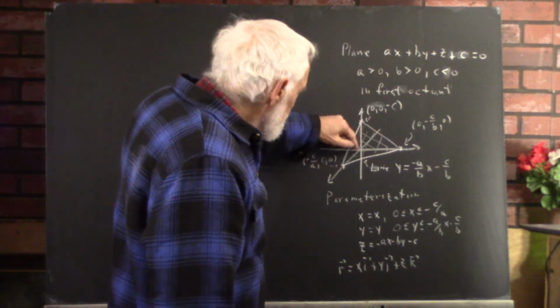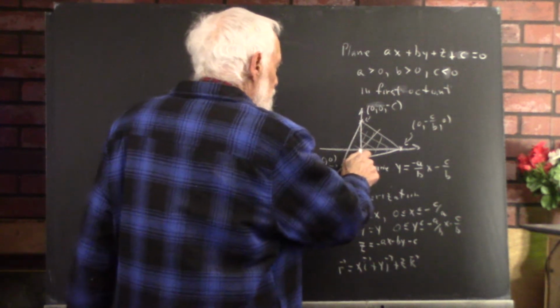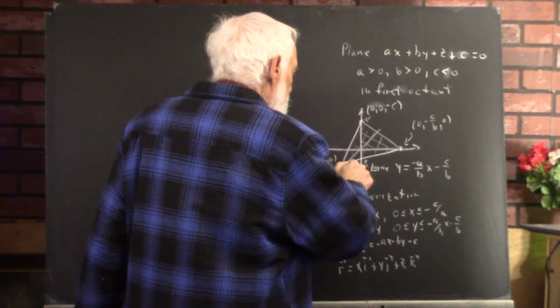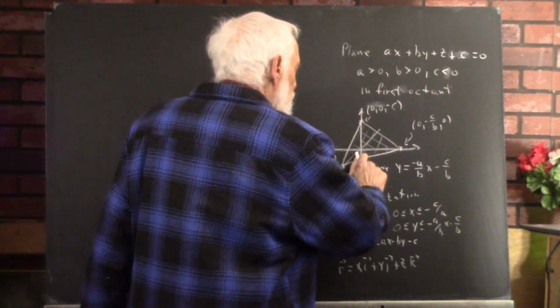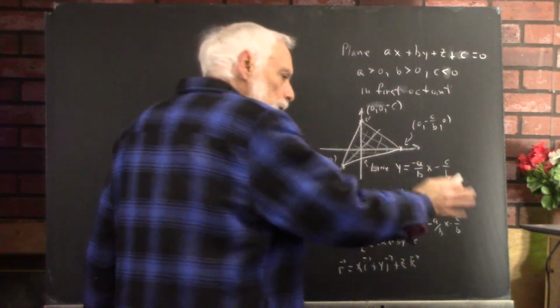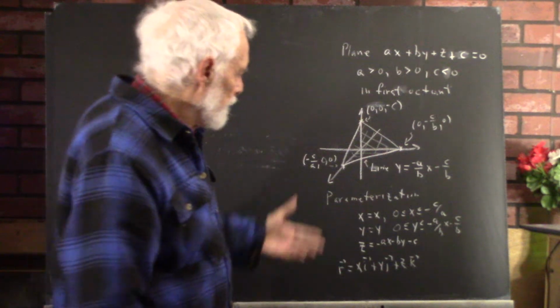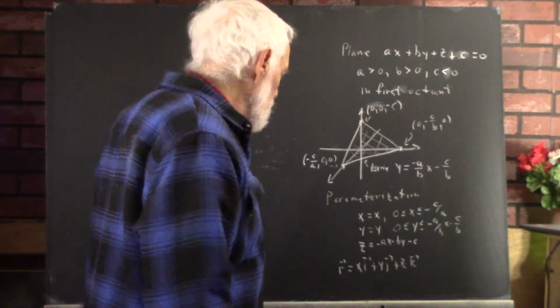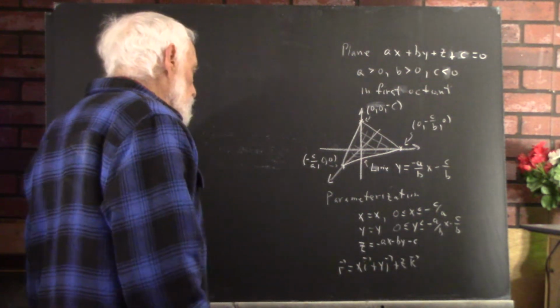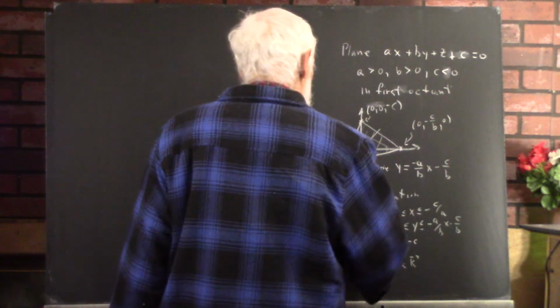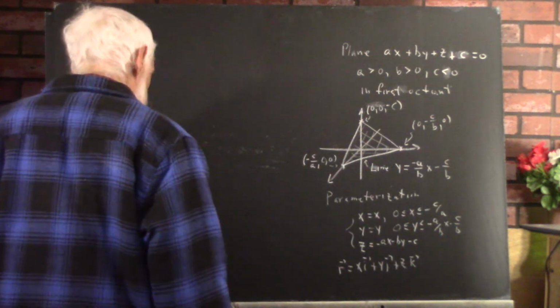In other words, this region is described by letting x go from here to here, and then y going from here to here. And it's just a plane region with a straight line, very standard breakdown there. Okay, so here's our parameterization, here's our r vector.